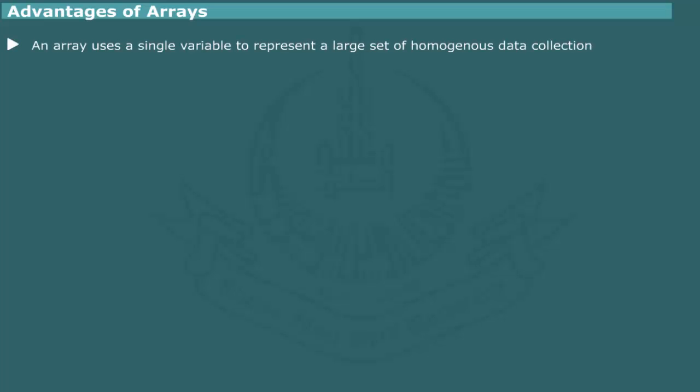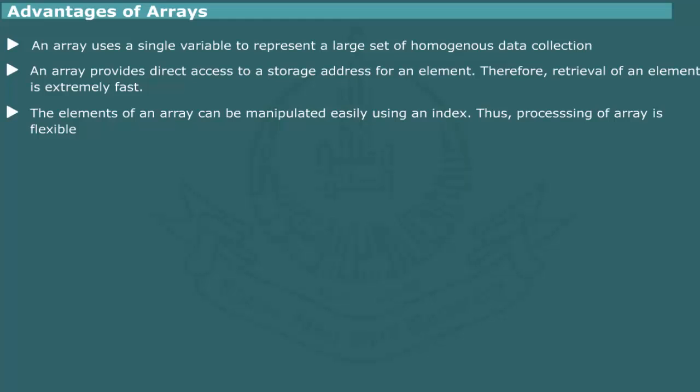Advantages of arrays. Major advantages associated with the array data structure are: Number 1. It is possible to use a single variable for handling a large set of homogeneous data. Number 2. Arrays provide direct access to any of the data items. Thus, storage and retrieval of information are both fast and flexible. Number 3. It is easy to construct and use arrays.